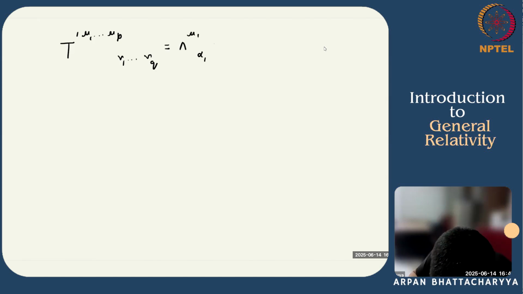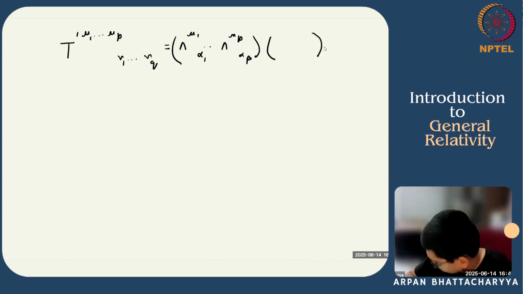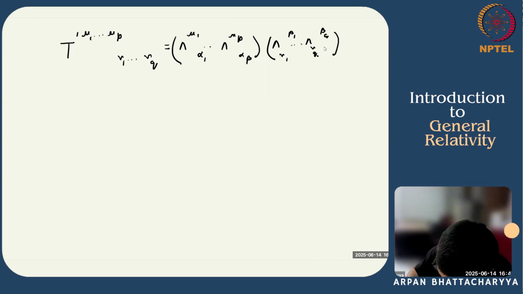Let's say for q, the lower ones will be under the inverse Lorentz transformations, which we now write as mu1 beta 1 up to mu q beta q, and then we have alpha 1 to alpha p, beta 1 to beta q.